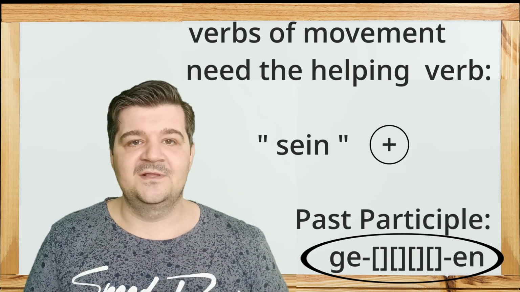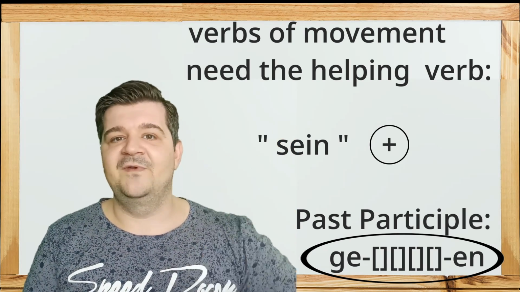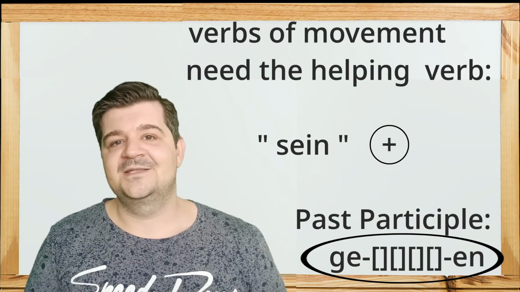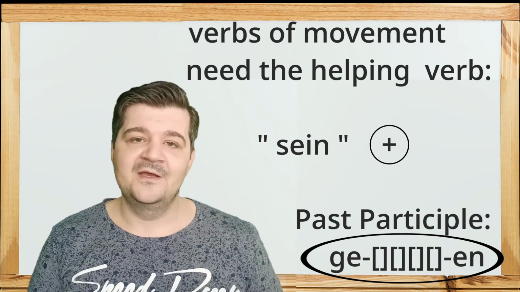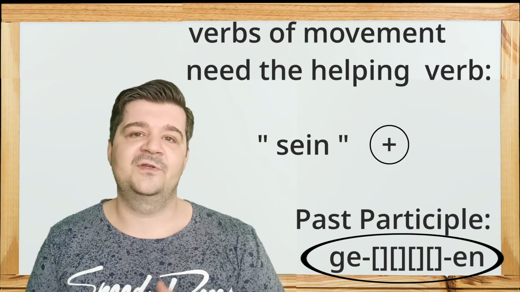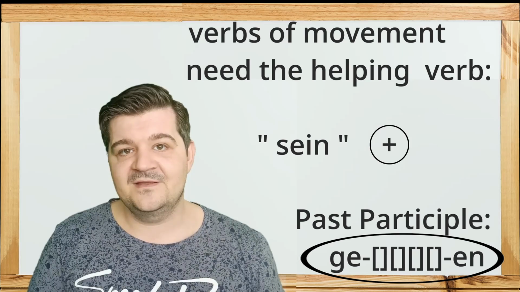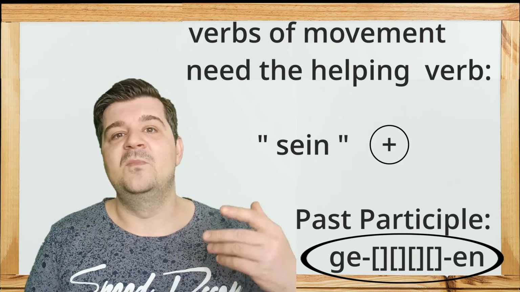And if you still have questions or cannot remember it from last time, please watch the video from our last lesson. And this is your ingredient, right? You just need a helping word and a participle in order to construct a working present perfect tense in your sentence, which includes a movement.